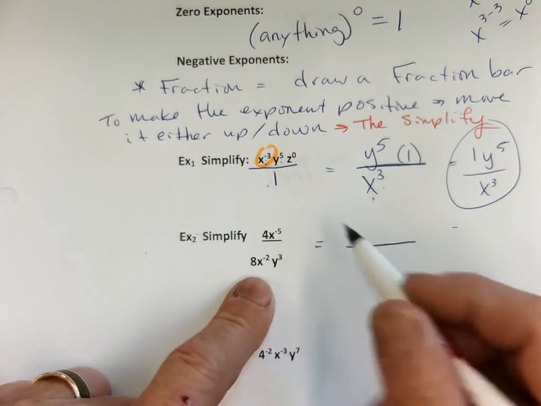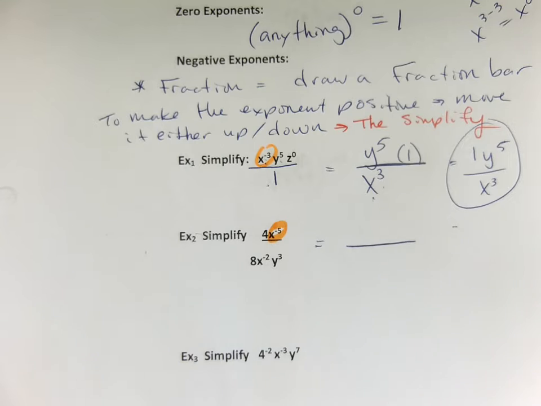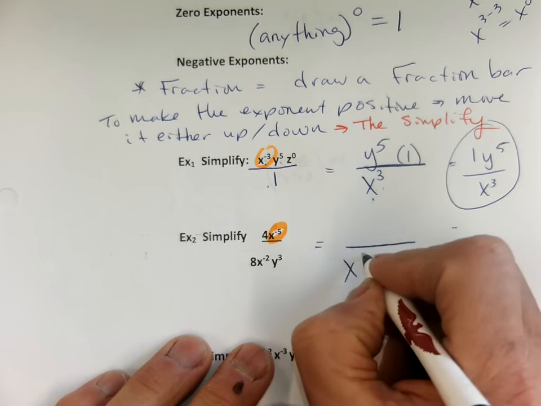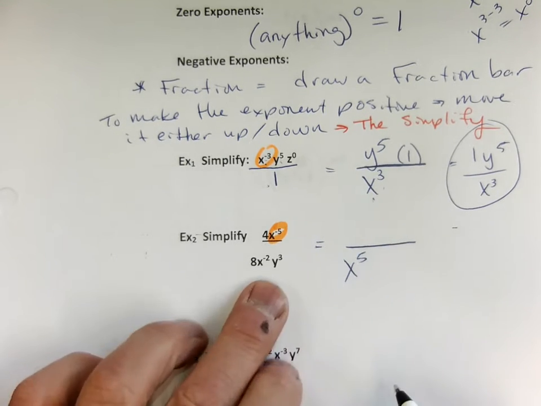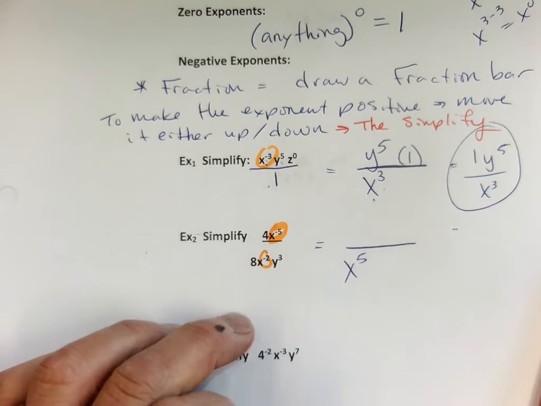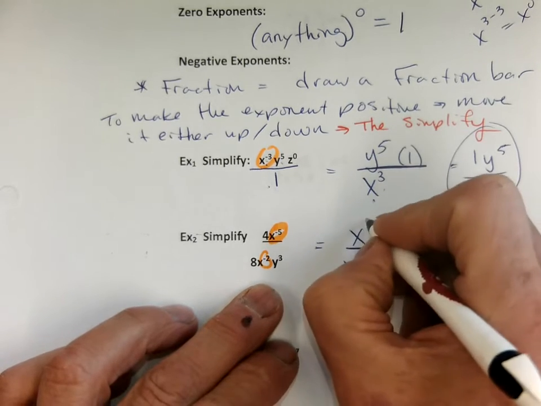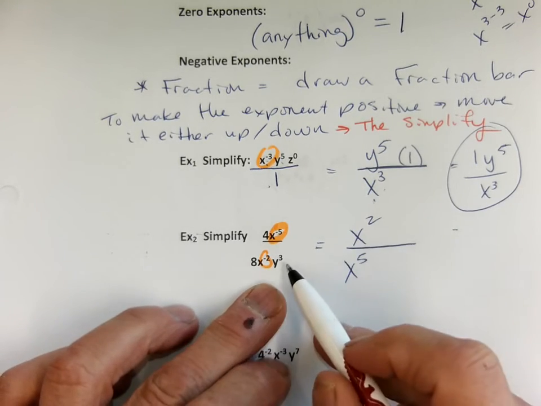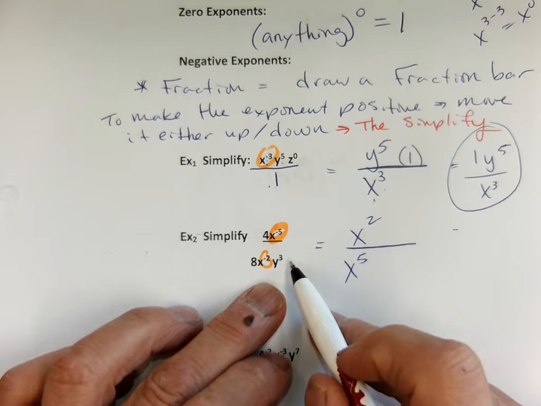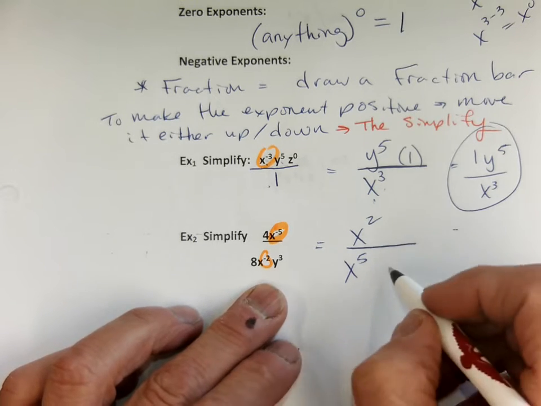So my x to the negative 5 is going to come down and make an x to the positive 5. My x to the negative 2 is going to come up and make an x to the positive 2, right? Y to the 3rd, let's leave it where it's at. It's already a positive exponent. It stays where it's at. Y to the 3rd.